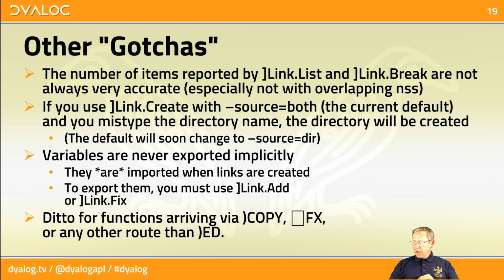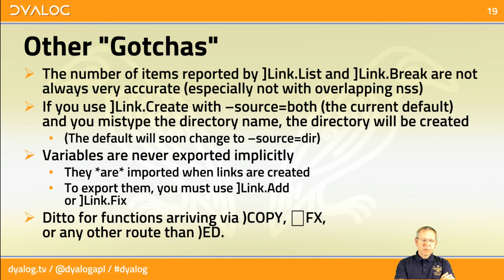Let's see, we are now actually at the hour is up, so I need to conclude really quickly. I've listed a couple of gotchas here. As I think we saw, if you have these nested namespaces, then the numbers reported by link list and link break are not very accurate because there's some double counting going on.